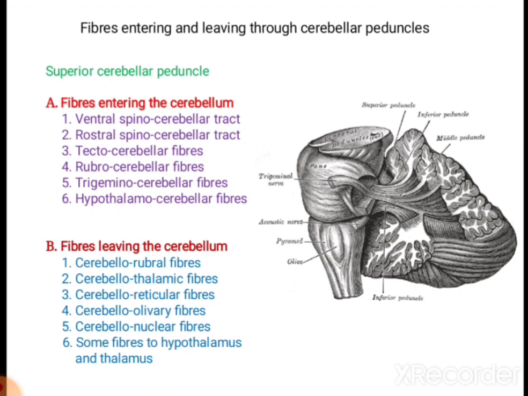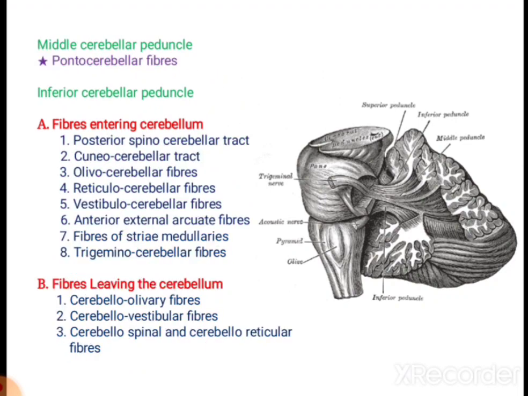This is the summary of all the fibers which are entering or leaving through the cerebellar peduncles. The superior cerebellar peduncle contains fibers entering the cerebellum, like the rostral spinocerebellar tract, and fibers leaving the cerebellum, the cerebellorubral fibers and cerebellothalamic fibers. In the middle cerebellar peduncle we have only one type of fiber, the pontocerebellar fibers.